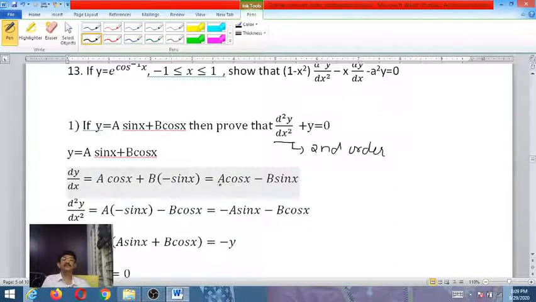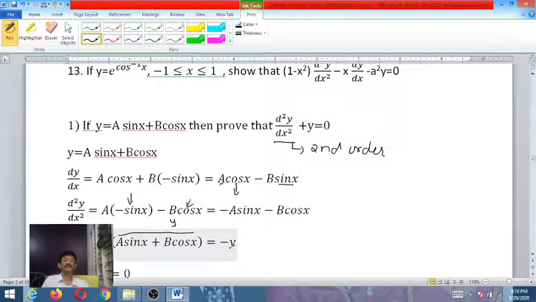Differentiate this, a is a constant, for cos x it is minus sin x, for minus b is a constant, for sin x it is cos x, right? So it is minus a sin x minus b cos x. Take minus common factor, a sin x plus b cos x. What is a sin x plus b cos x? This entire thing is the value of y.